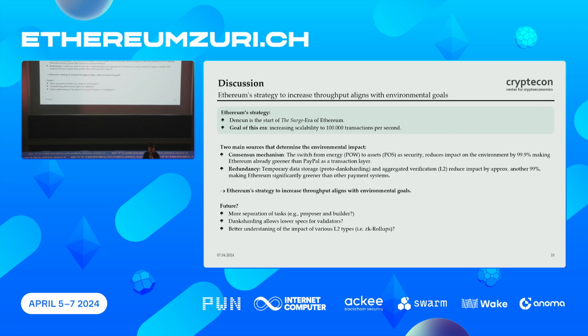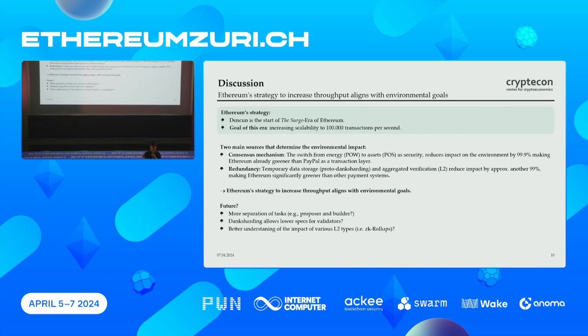If we look now at the main sources identified over our journey, these are two. Once we have the consensus mechanism that was tackled with the switch from energy to assets as security, which reduced the environmental impact immensely by 99.9%, making it already greener, or at least on par with today's transaction and payment systems.